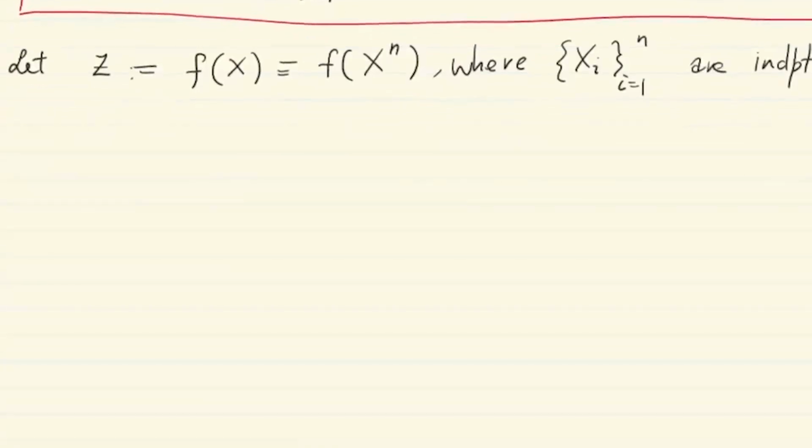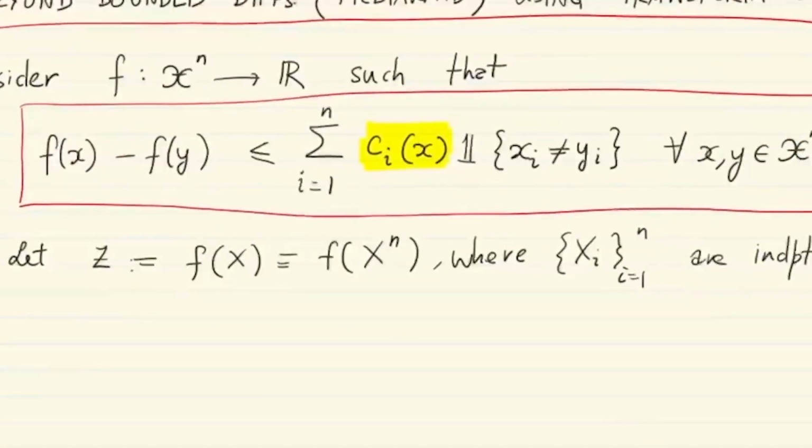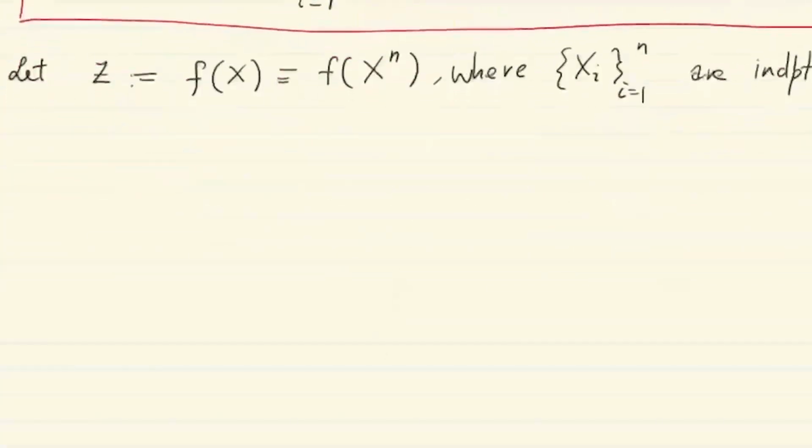So before that, let us recall that we have actually considered concentration of such functions beyond bounded differences in our application of the entropy method that we saw before the transportation method. So let's recall that before we move on.